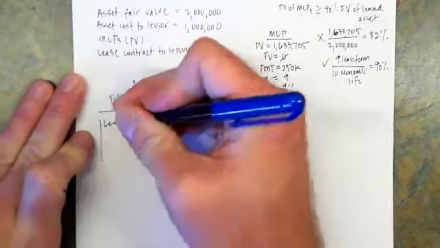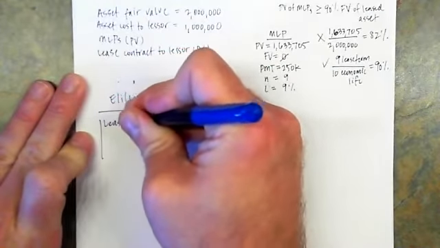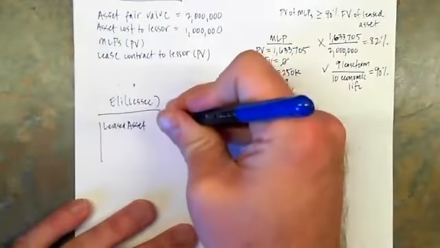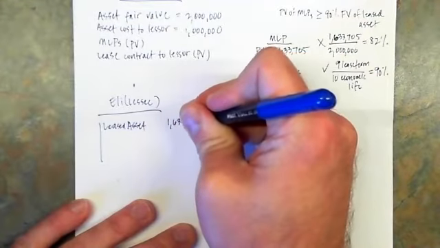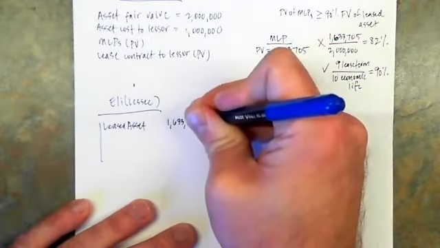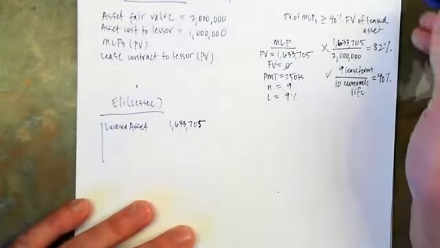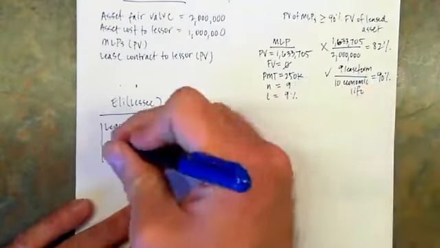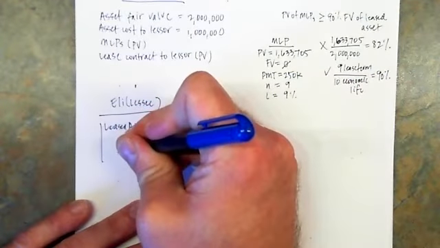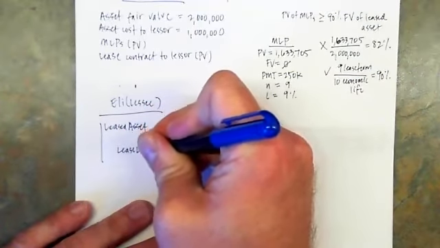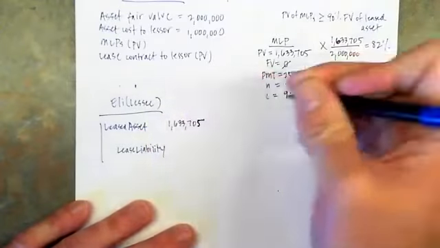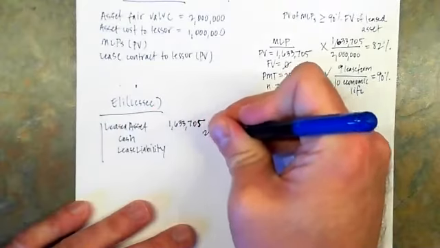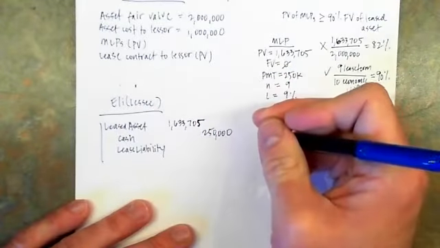We would have a leased asset for the amount of the MLPs. This is always going to be the case for the lessee. The leased asset, always the present value of the MLPs. The lease liability, if there is an initial payment, will be less than the leased asset by the amount of that initial payment.